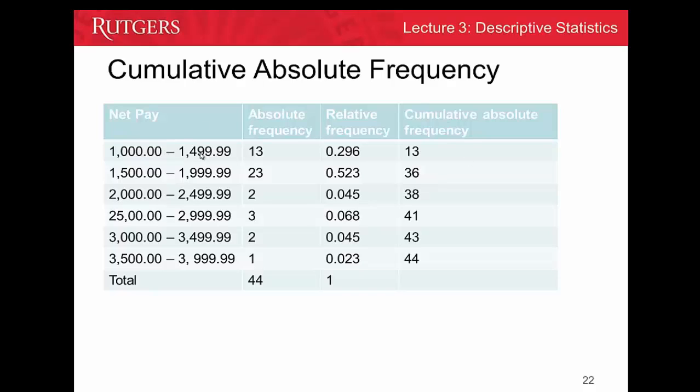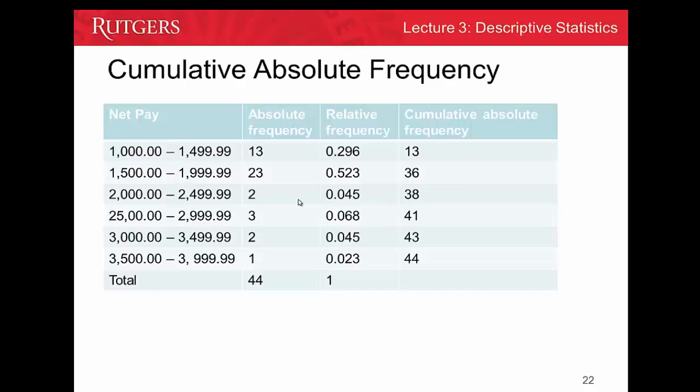For example, the first group doesn't have any previous groups, so it just calculates the number of records that fall in this group. For the second group, the number of records is 23, and then we add the number of records in its previous group, which is the first group. This is 13. So we add them up and get 36.